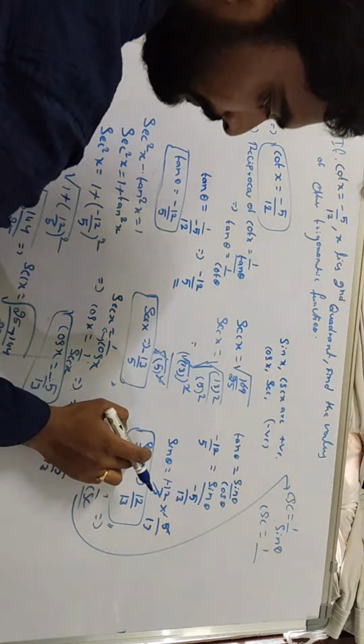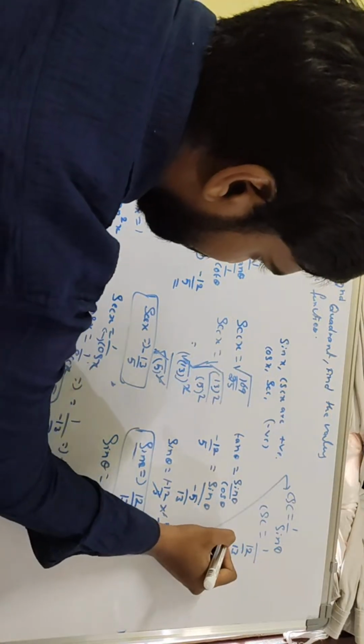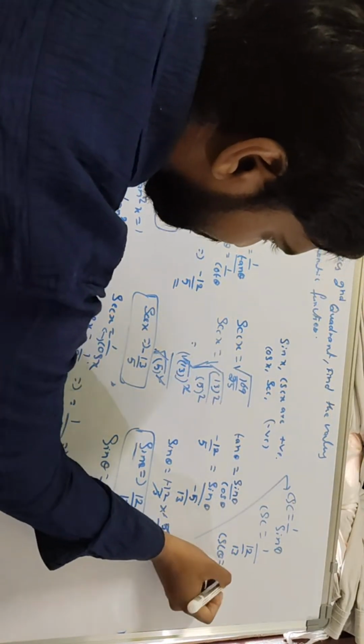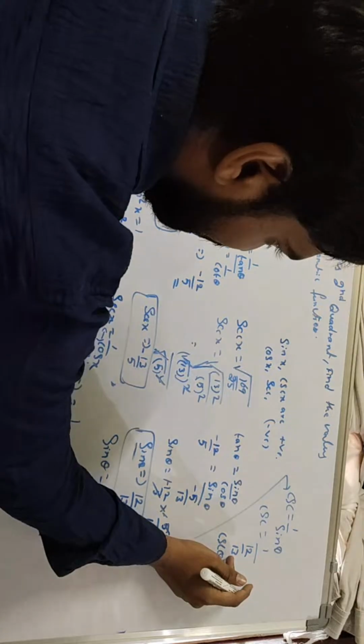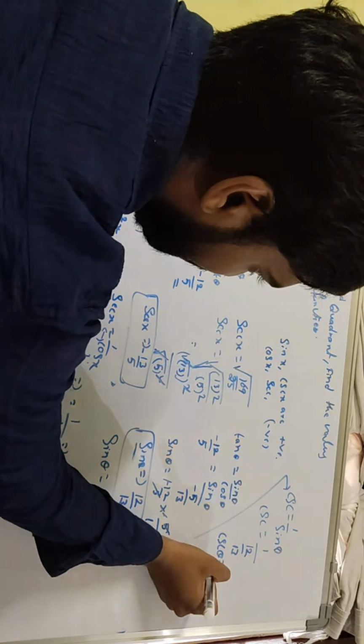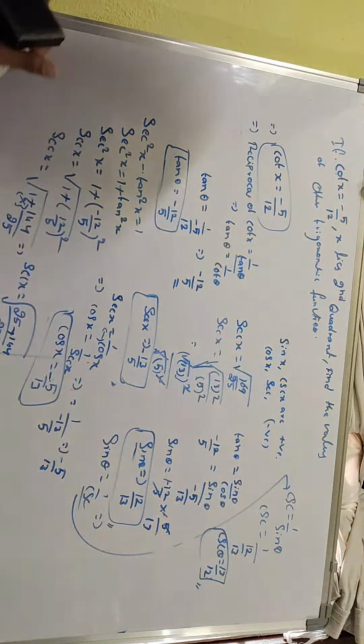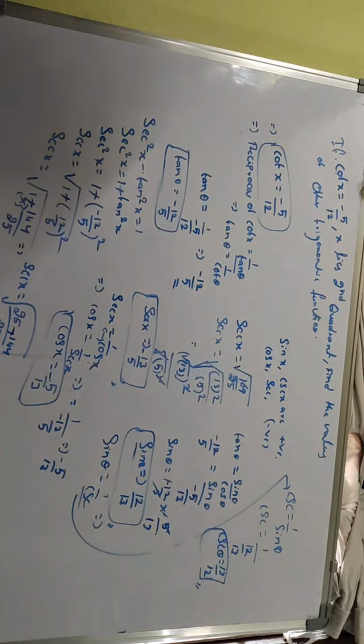Already, what is the value of sin theta? It is 12 by 13. So cosecant theta is equal to 1 by 12 by 13. The fraction becomes reciprocal. So what is the value we get? 13 by 12. So these are the 5 trigonometric functions for finding when x lies on the second quadrant.